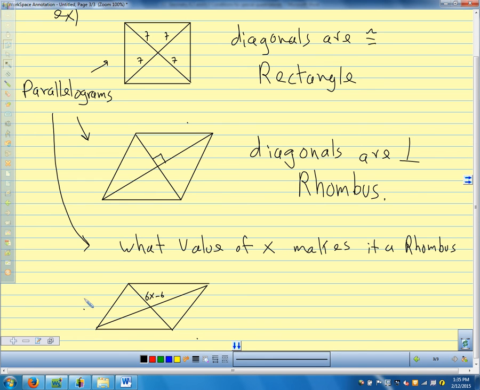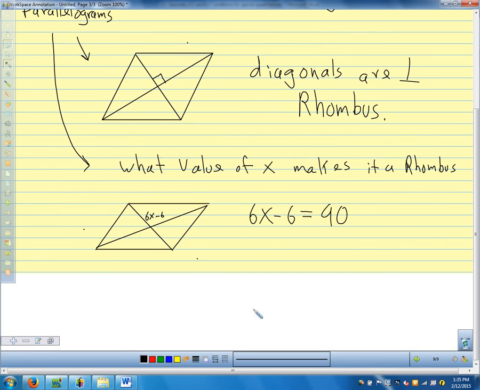How would we do it? We would set it equal to 90, because this is the angle where the diagonals intersect. In order for it to be a rhombus, the diagonals have to intersect at a right angle. So we'd say 6x minus 6 equals 90, and solve for x.